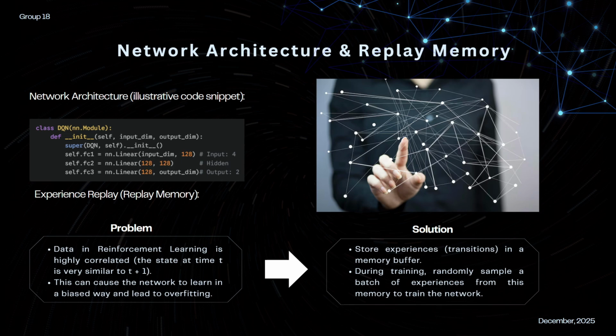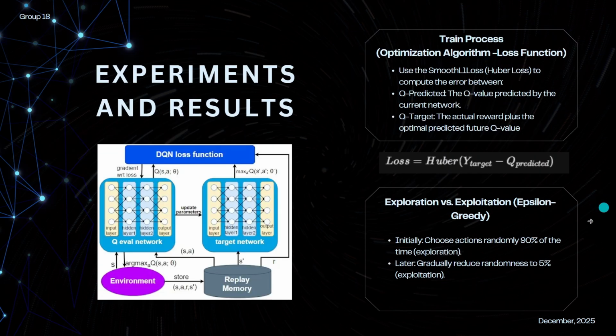To fix it, we store the agent's experience in the replay memory. During training, we randomly sample a batch of experiences. This breaks the correlation and makes the training much more stable. Next is experiment and results.